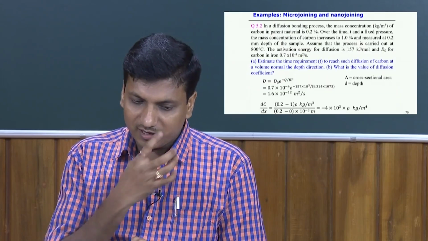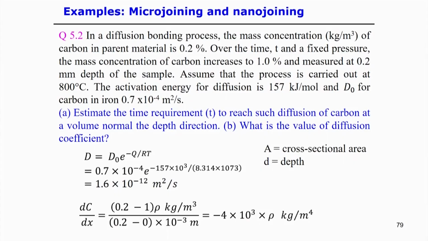If we look into the other example, that corresponds to the diffusion bonding process. Here, in the diffusion bonding process, the mass concentration of carbon in the present material is 0.2%, and over the time T and a fixed pressure, the mass concentration of carbon increases to 1%, measured at 0.2 millimeter depth of the sample.